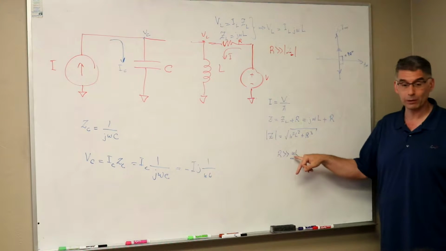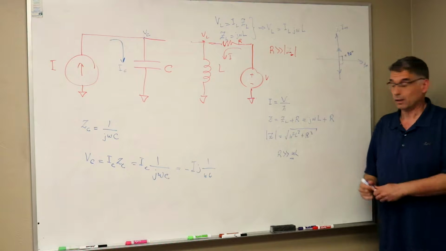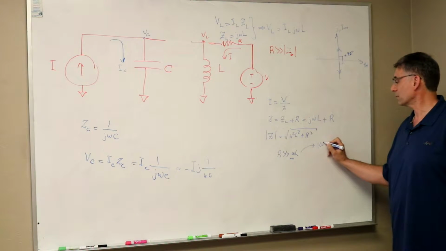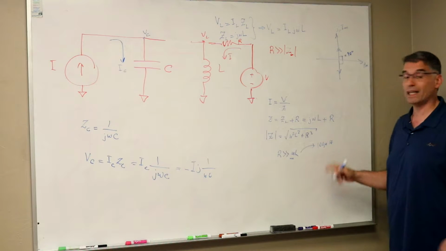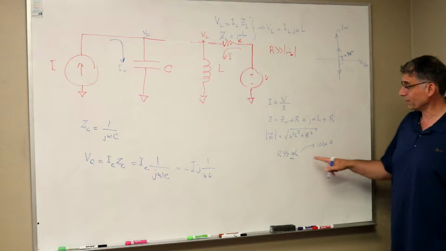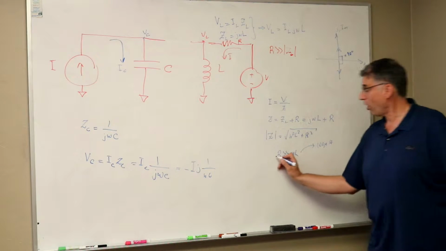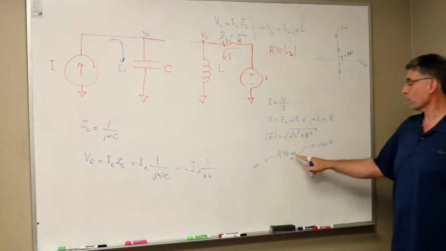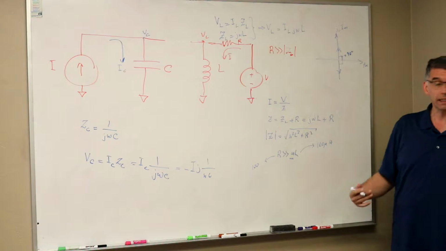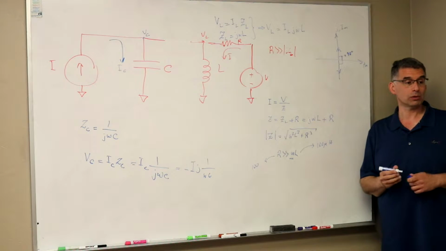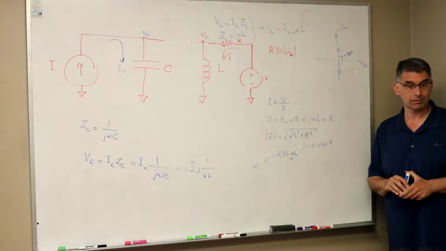Because why? At low frequencies, when omega is small, let's say the inductor is around 100 microhenry, right? This is 10 to the negative 6, and R is even around 100 ohms. What does omega need to be before this value is comparable to the resistance? Very large.